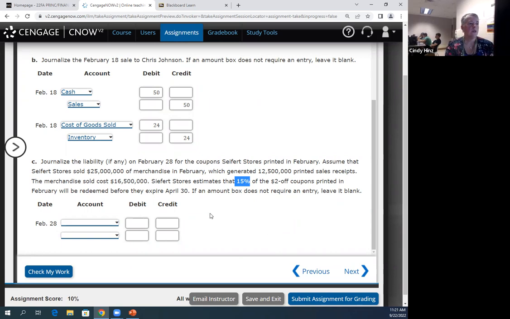Okay, so let me put this on the screen. Let's figure out how much they might lose in sales if their estimates are correct. So there were 12,500 printed sales receipts.